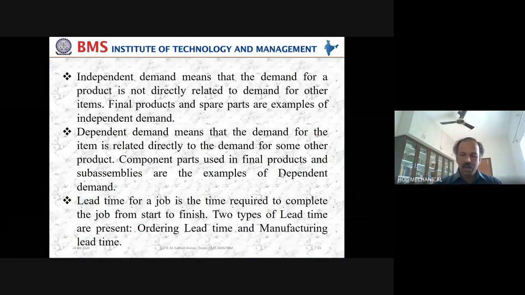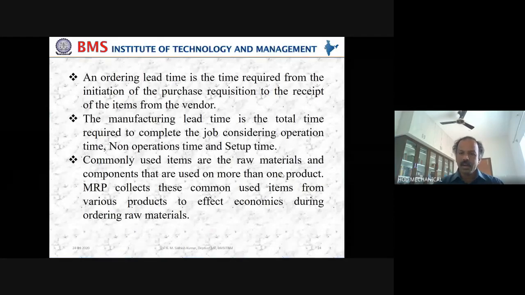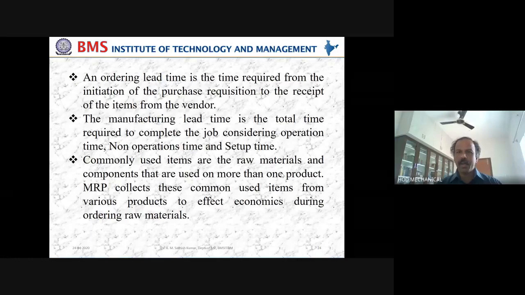Ordering lead time is with reference to the raw material that you are going to get. Ordering lead time is the time required from the initiation of the purchase to the receipt of the item. Today you have decided that you are going to buy raw material for the production of the piston ring, and today you give the order for the supply.